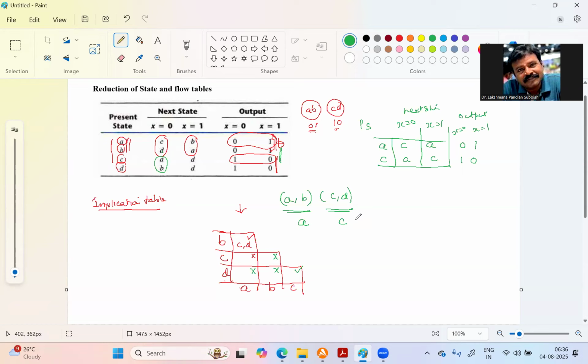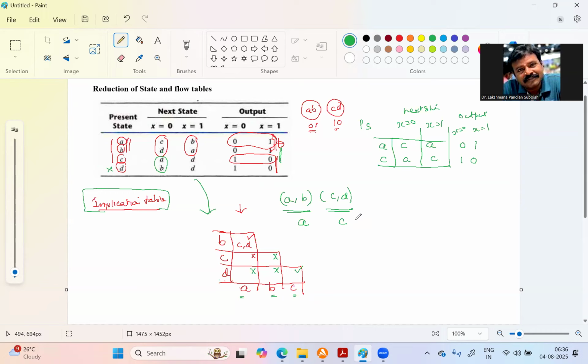So first you have to consider the state table. Then we go for the implication table. You draw the implication table with A, B, C row-wise, and the last one you leave.